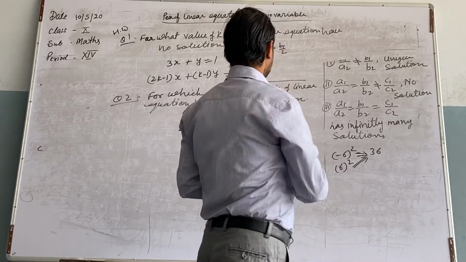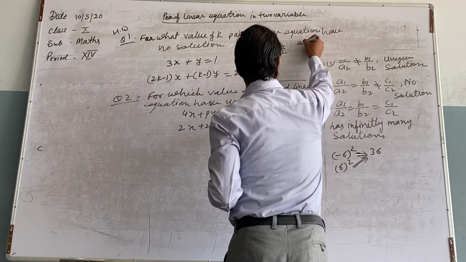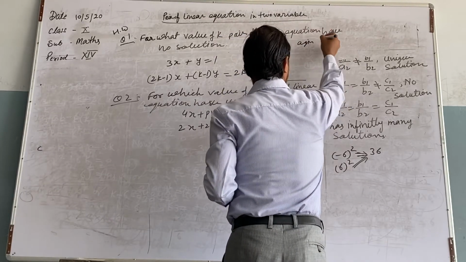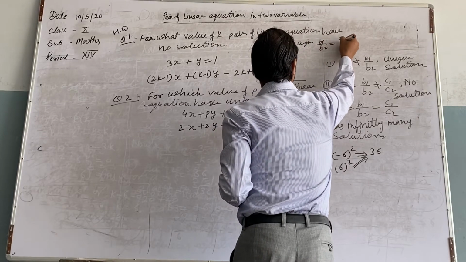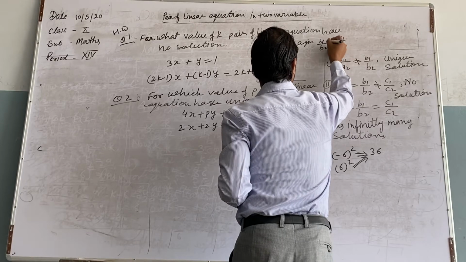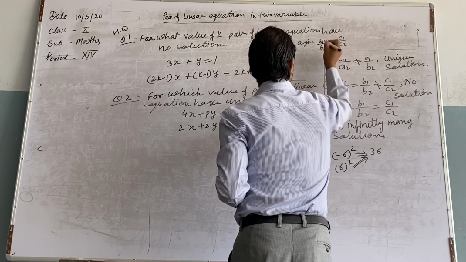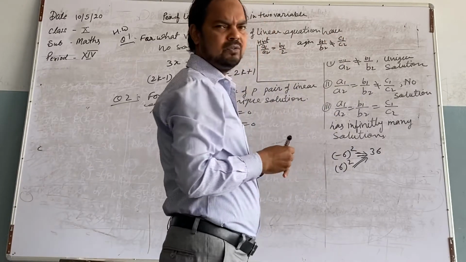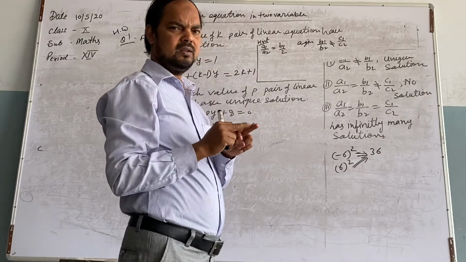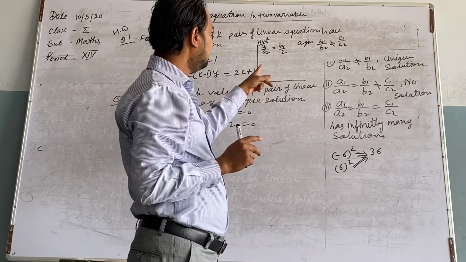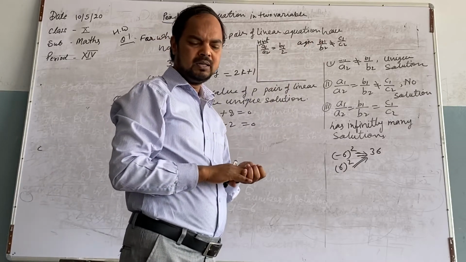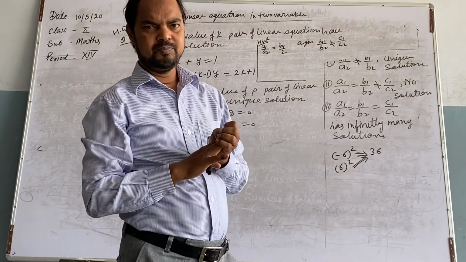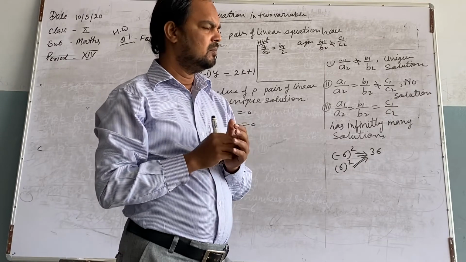So first of all try the equal one. Then again try this: B1 upon B2 not equal to C1 upon C2. It has two conditions, so we will simplify both. That is one equal and that is one not equal. Then you will find the common value between them. What was the common between them?